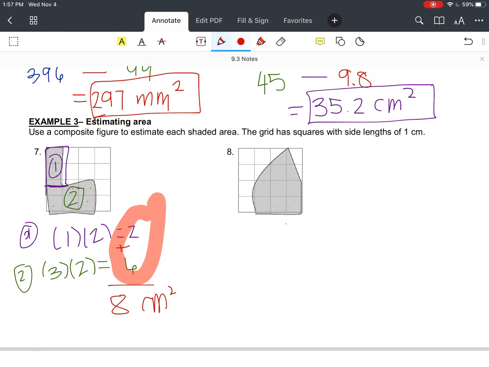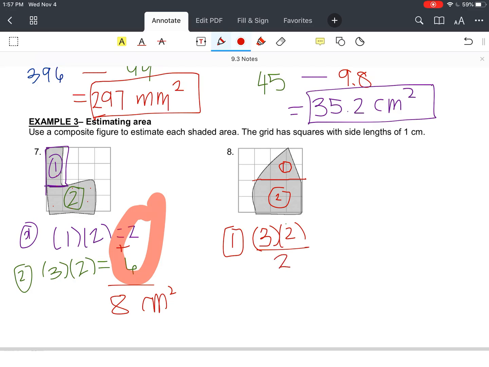You could also just try to individually count up the squares if that's also what your heart desires. It is harder though when they're kind of half squares. As in number 8, so because this is half squares, I'm going to break it up into 2 parts. The top part's going to be a triangle, the bottom part's going to be a rectangle.